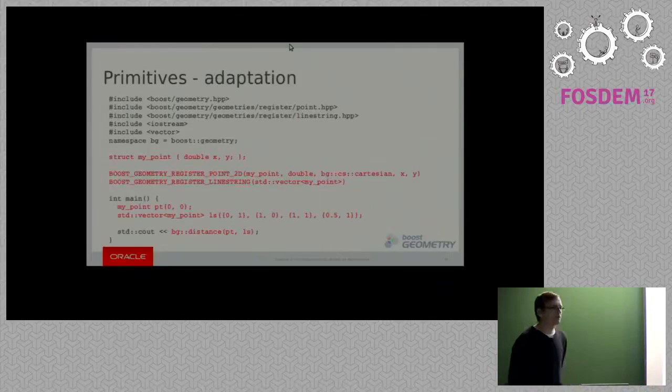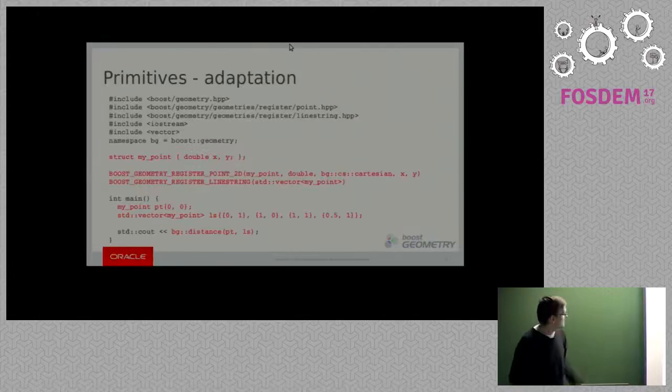It's also possible to use your own implementations of primitives. Here I define my point, implementing a point primitive, and register it using register macros provided by the library, which works in most typical scenarios. They basically, technically speaking, adapt my point type to one of the point concepts defined by Boost Geometry.